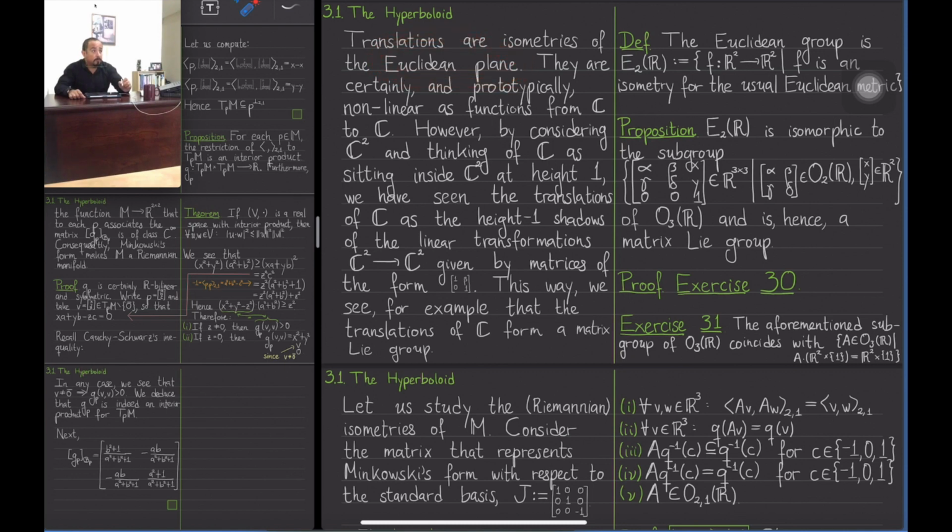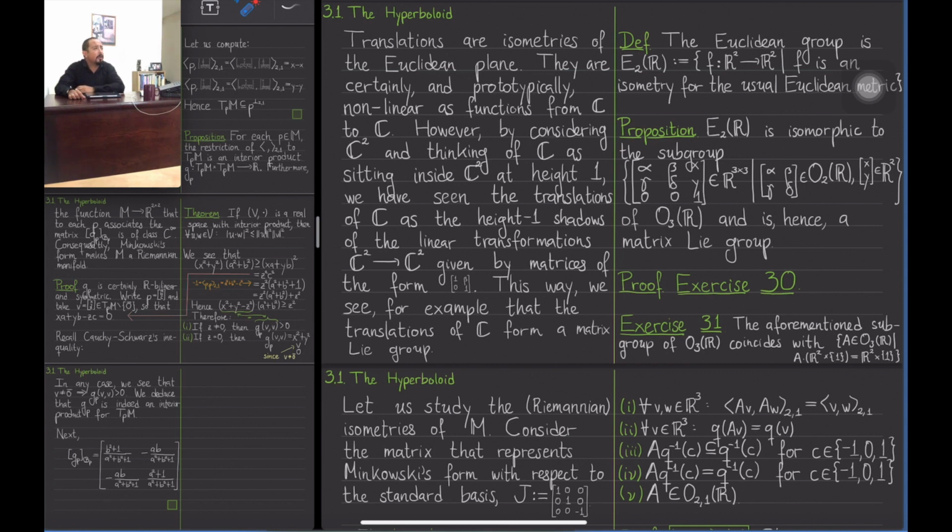So for the Euclidean plane, when we look at its isometry group, we see that there are certain isometries that are linear transformations, let's say R-linear transformations, namely, for instance, rotations. Right? Rotations around the origin are linear, and also reflections with respect to lines that pass through the origin. Those are linear as well.